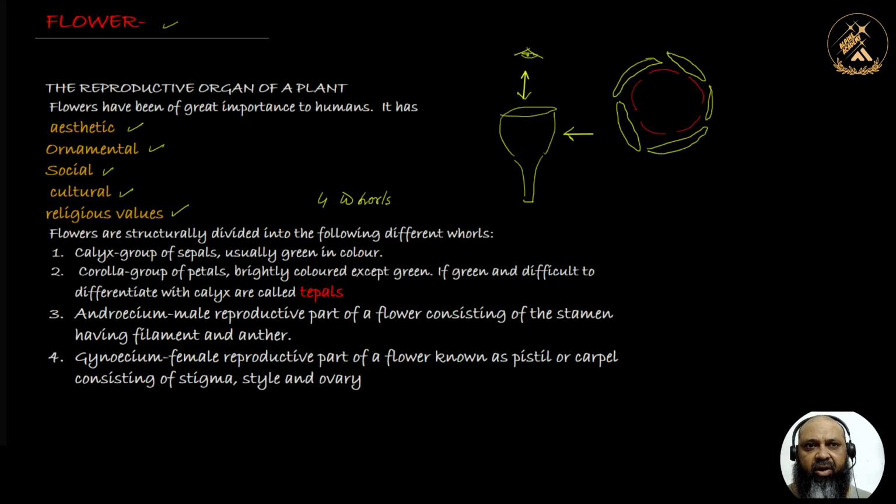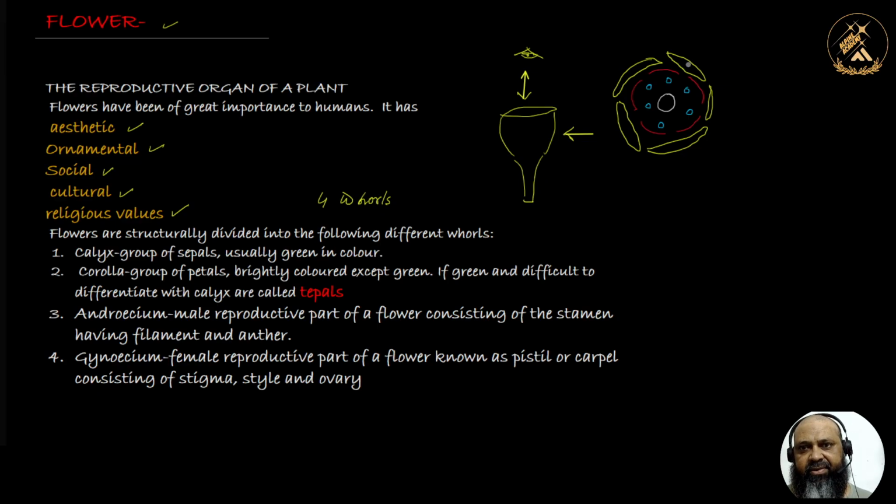And if I draw the next one, that will be the third one, which is usually androecium, the male part of the flower. And in the center, there is something which you can say is the female part. That is gynoecium. So all four whorls are set.